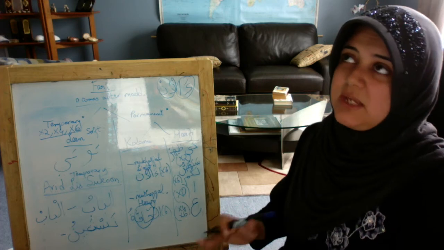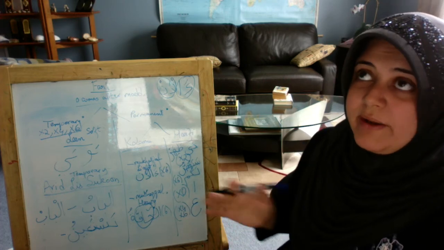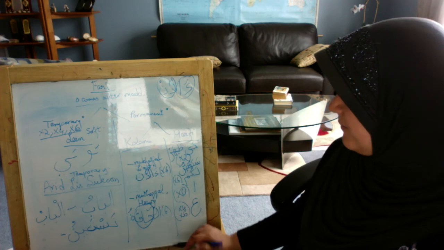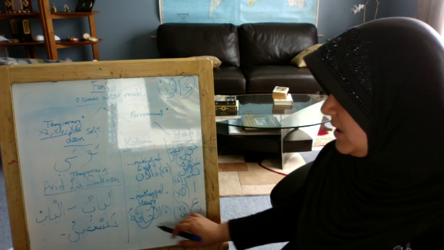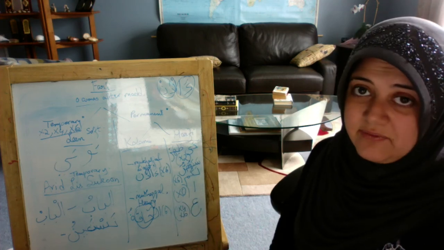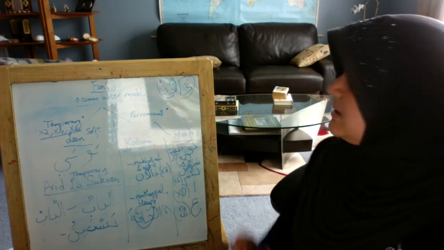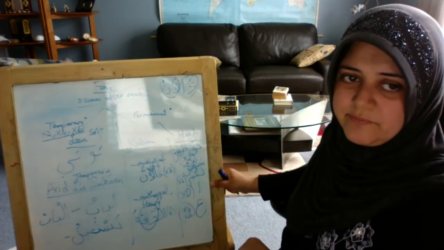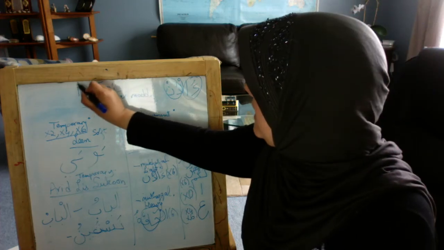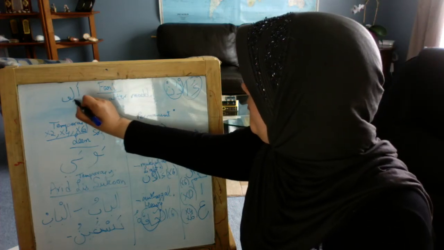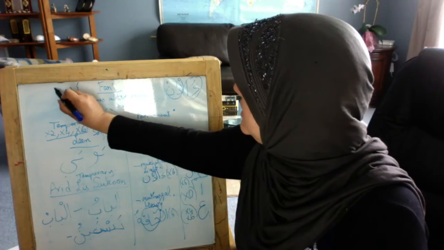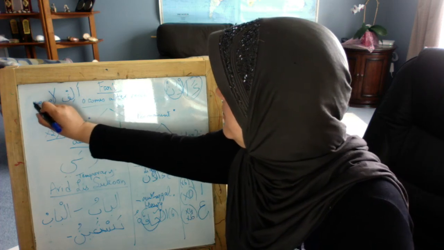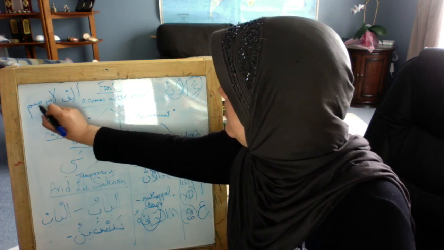You have to look at each category separately. Now, the alif, lam, mim, does it have any muthaqqal, right? It does. It does have heavy because if you connect, let's see if we can give you an example right here. Alif, lam, mim.